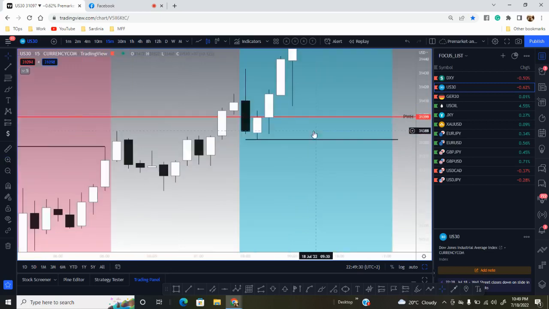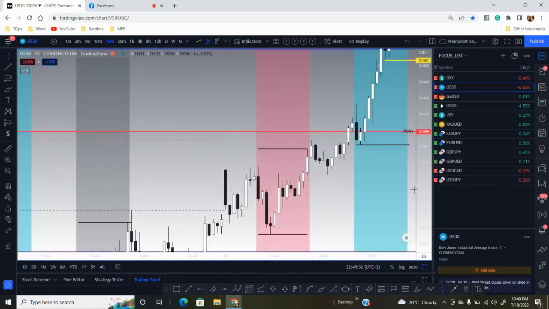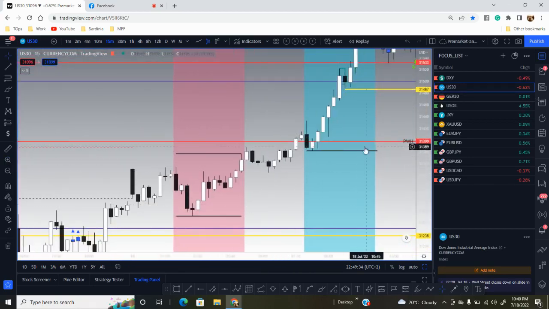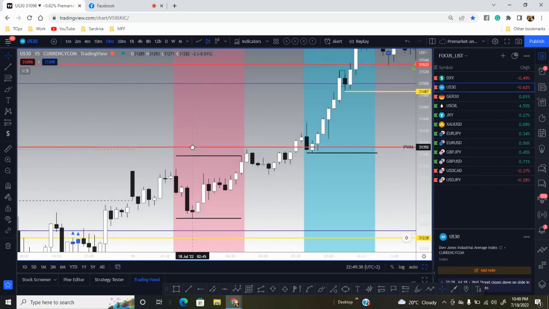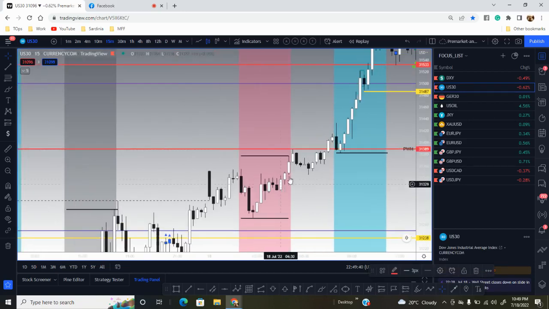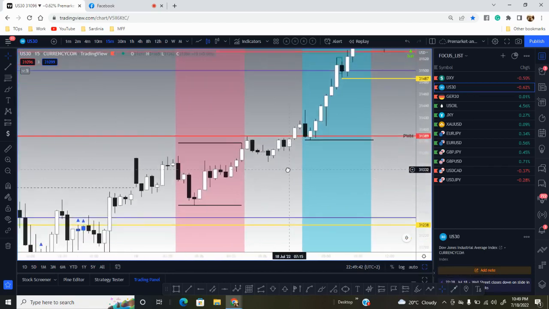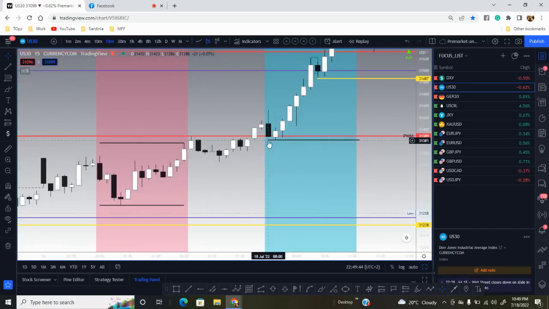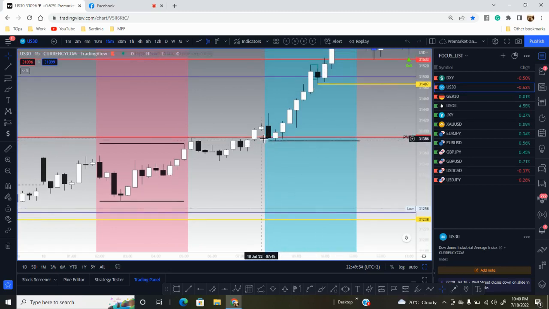So silipin natin ng mas closer. So ano nangyari? So this is the previous week high. I think I need to adjust it a little bit kasi medyo overshoot or sobra siya. So sa unang 15 minutes candle pa lang, we have a pullback to retest the previous week high.